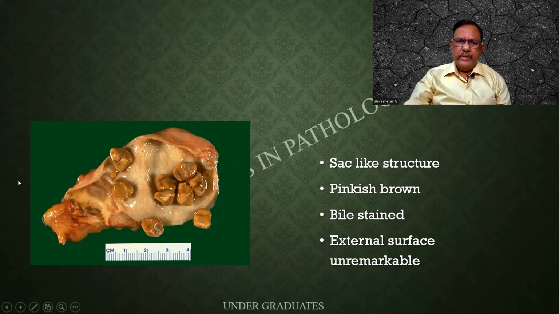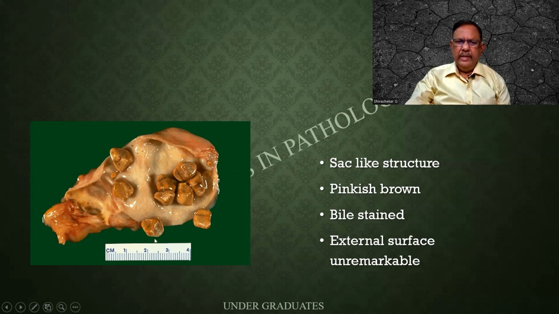The inner surface, that is what we see when we open it up, is pinkish brown. Sometimes the specimen might be bile stained. So you should mention the color that is there in your specimen. The external surface is pale, brownish, or brownish white, whatsoever.